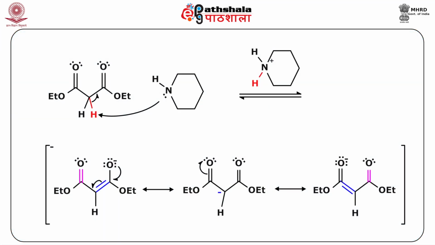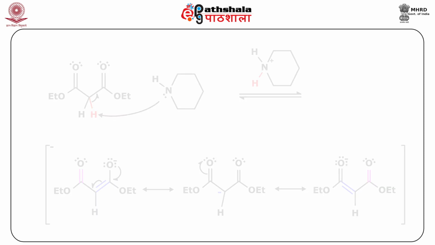As you can see here, the first step is the deprotonation of the activated methylene compound by the base, and that happens at the active methylene group. The active methylene group undergoes deprotonation with the help of base, which is piperidine as shown here, and this gives rise to a carbanion which is resonance stabilized via its enolate ion, as you can see here.